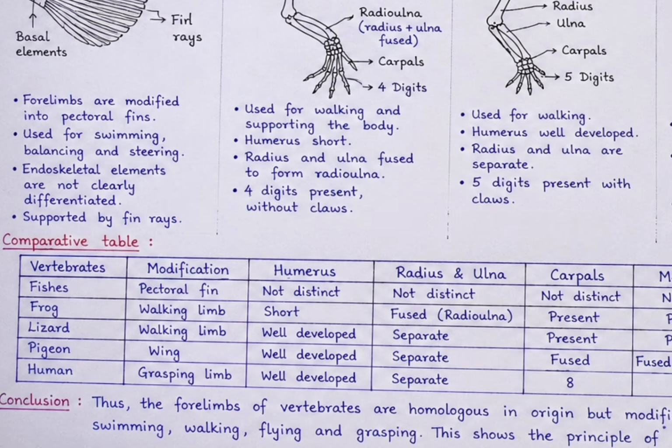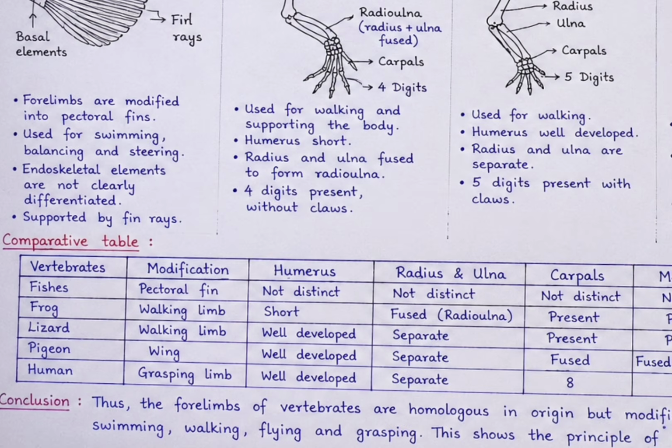Next, radius and ulna. In fishes there is none distinct. In frog it is a fused radio-ulna. We have to remember that lizard, pigeon and human share similar characters: humerus, and radius and ulna, fused in frog, separate in lizards, pigeon and humans.